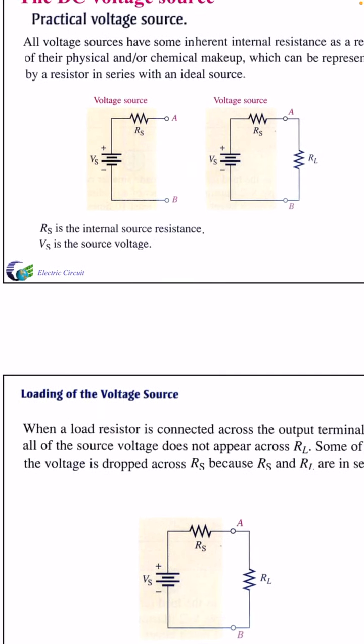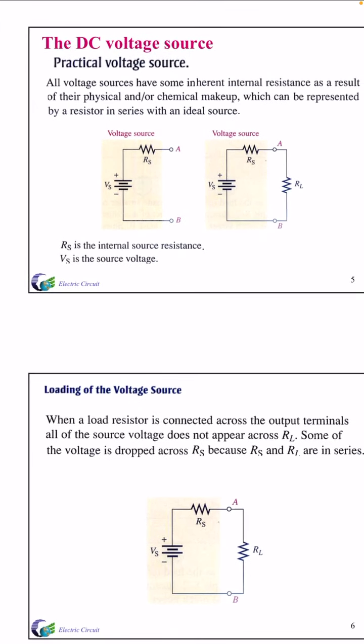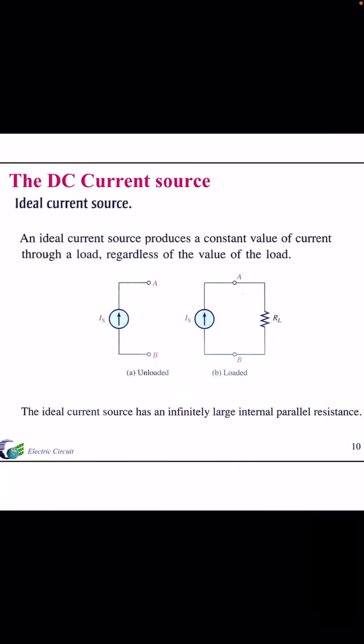Now, similar to the voltage source, we have a DC current source also, which will provide a constant value of current through a load regardless of the value of the load. So this ideal current source has an infinite internal resistance.